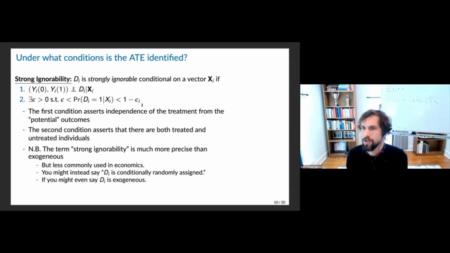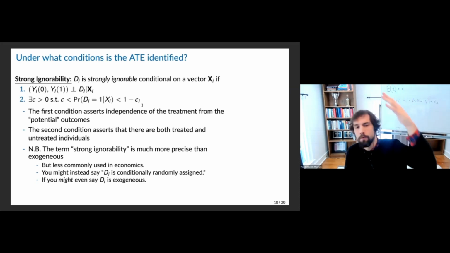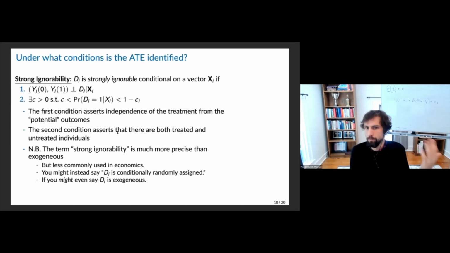That all of you have the chance of potentially getting the treatment. If you don't have that, then you wouldn't be able to identify one of the pieces, because there would be groups where you would have no treatment at all. You would never be able to generate that counterfactual group, or you'd have somebody who never got the control group, for example. So it's basically asserting that there are both treated and untreated individuals.